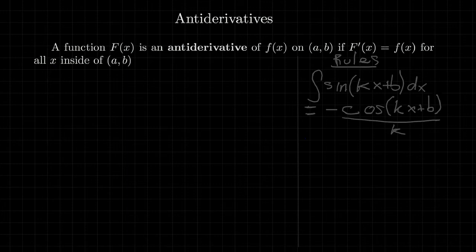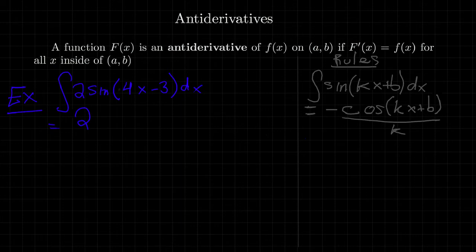So here, let's do an example. This is basically the opposite of finding the derivative. So if I want to find the integral of 2 sine of 4x minus 3 dx, this is equal to the 2, remember, stays there.